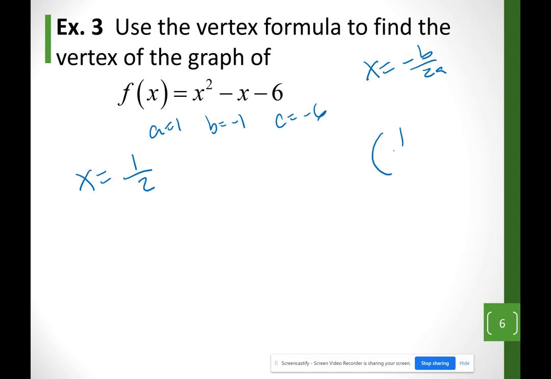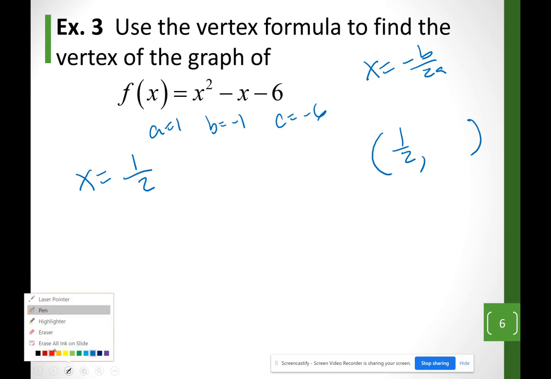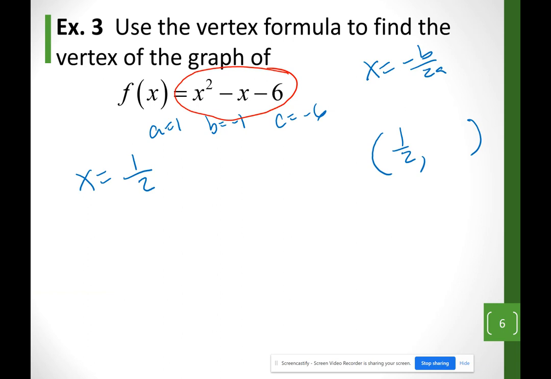So I already know half of my answer: 1/2, that's the x value. I need to figure out my y value. For my y value, I'm going to use the function that I have, but with the value of x that I already found.